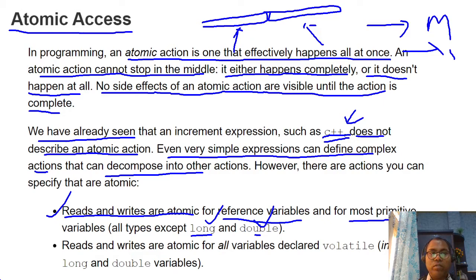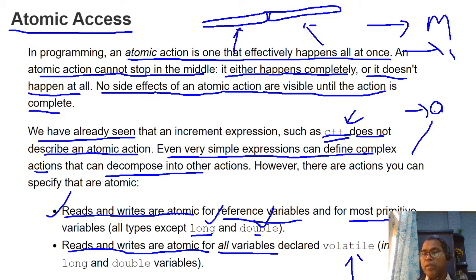So how do we ensure that read and write operations are atomic for all variables? Declare them volatile. This is the concept of volatiles. Whenever you declare any variable as volatile, that ensures the operation is atomic. One particular thread can update the actual value so that all the threads can read the same value.